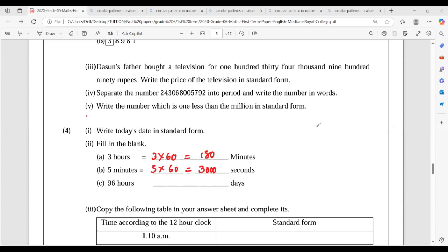Here you have to divide by 24. You take 96 divided by 24, and it's going to be 4. So 96 hours means 4 days.